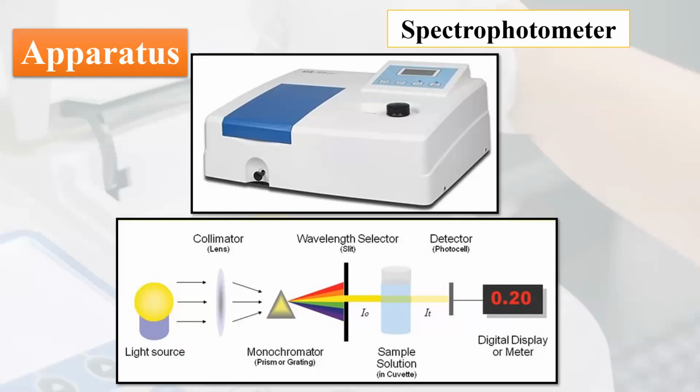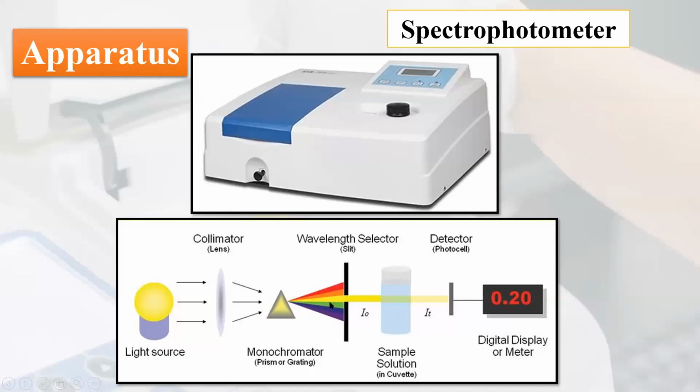In this instrument, there is a bulb. The bulb light passes through the prism, the source of light. When the light falls on the prism, the 7 colors are dispersed, as we already know.